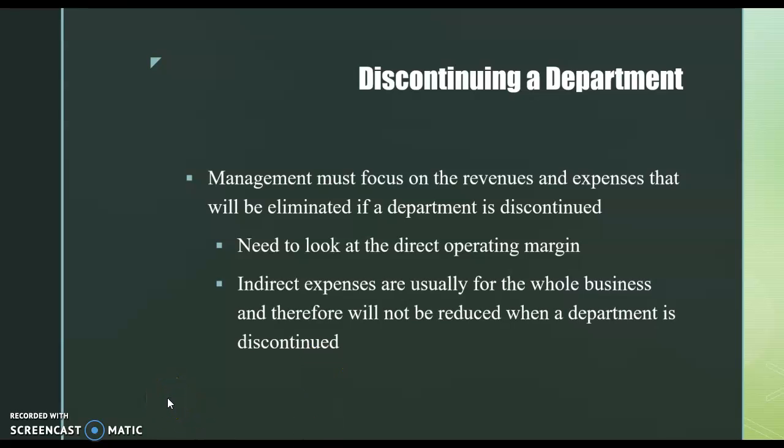Okay, so I'm going to get rid of the sales for Department B. I'll also get rid of any direct operating expenses for Department B, but I can't get rid of the total indirect expenses for the whole store. Now just two departments are left over to take care of those indirect expenses.